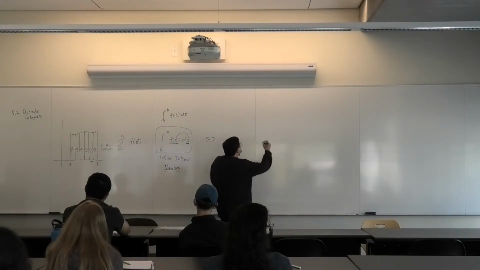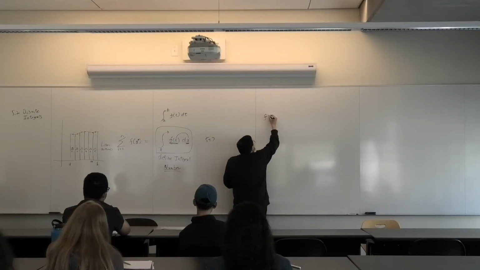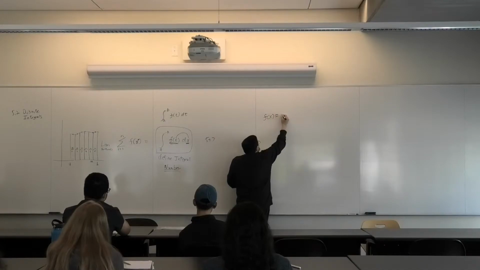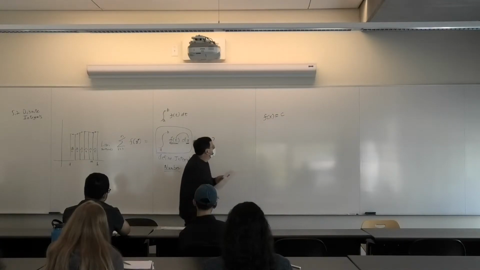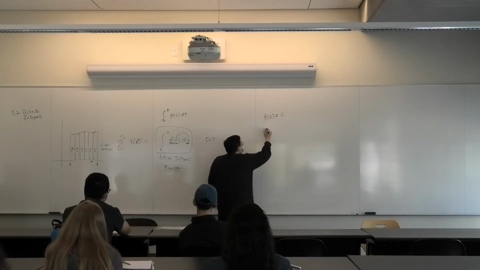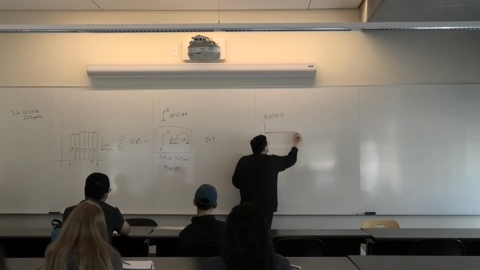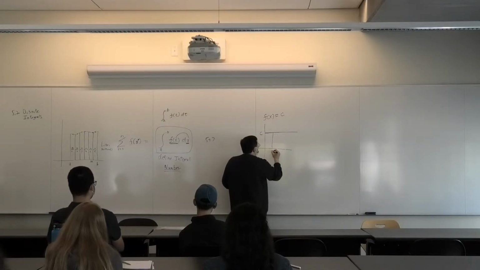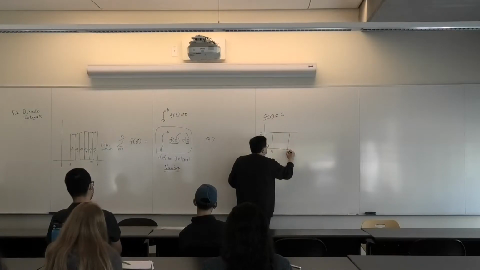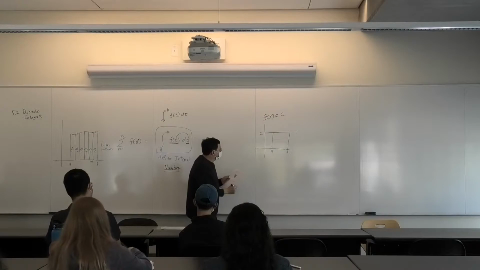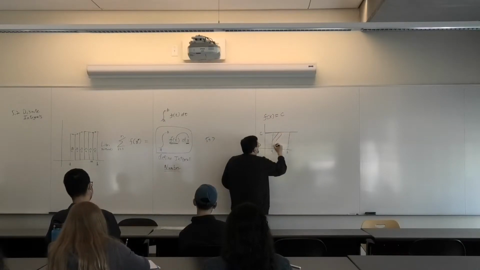So the first example is very simple. Our f of x is just going to be some constant c. So we have some constant c here. We have a and b. And so we're looking for the area of a rectangle.